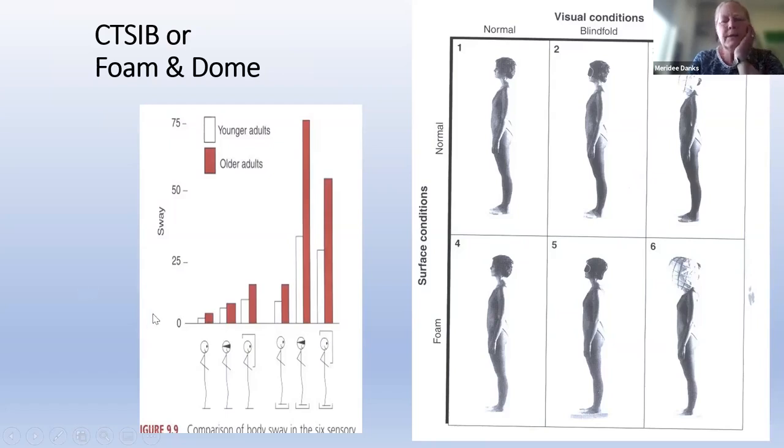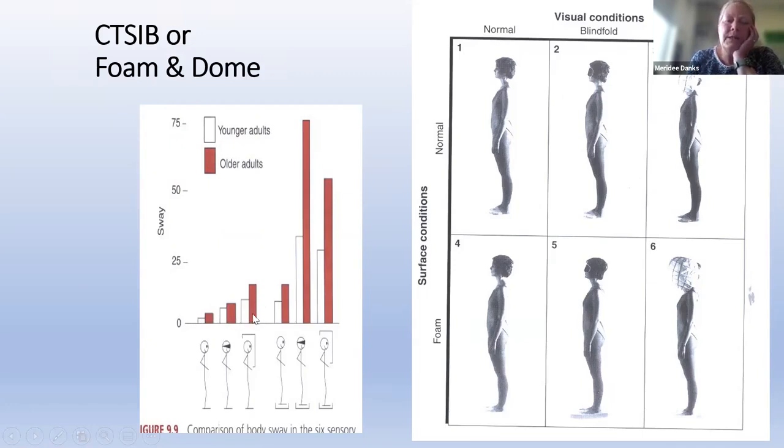And what they did is they did a study and they looked at amount of sway. So the person should stand there. They may sway a little bit more with their eyes closed. And they looked at younger adults in white, and then the older adults in red. And they did pretty good. The first 2, they were pretty similar.